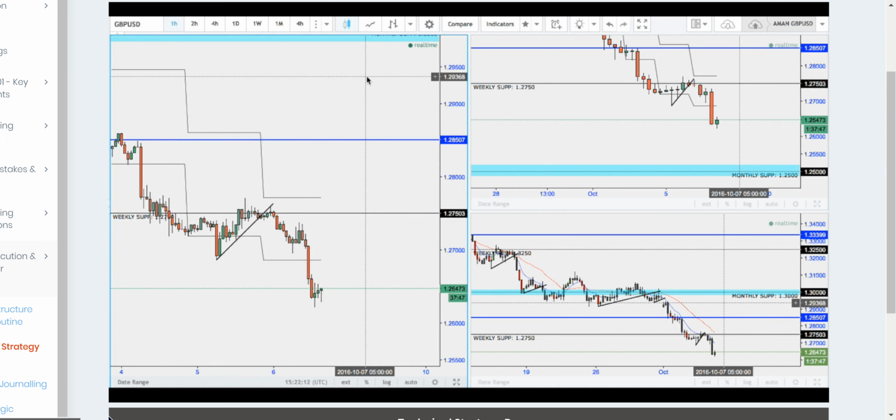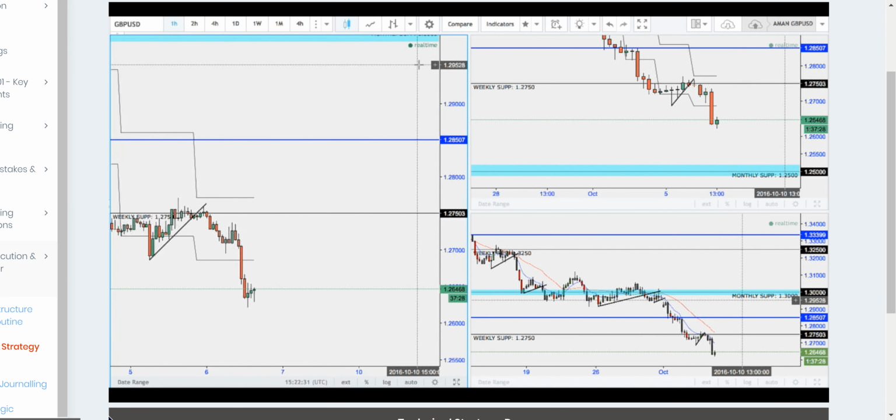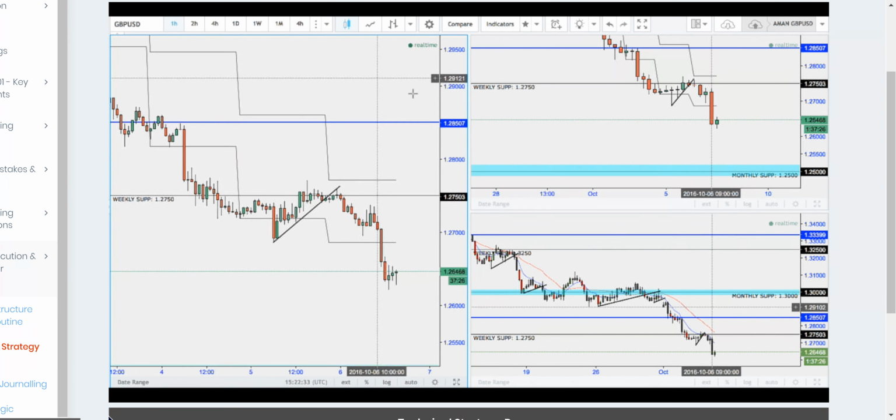Stop hunting above and below prior zones. Try to cultivate the mindset of a market maker, not a retail trader. And make sure you actually wake up early, because you're going to get the most trades between 5 and 9 a.m. GMT. And watch that news and be careful of the big, major news. So guys, that's just a little bit of a strategy recap there.